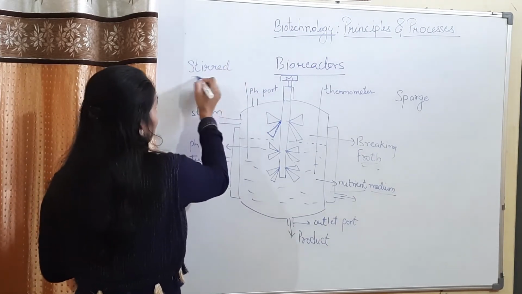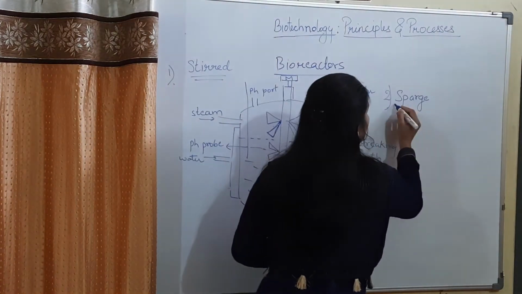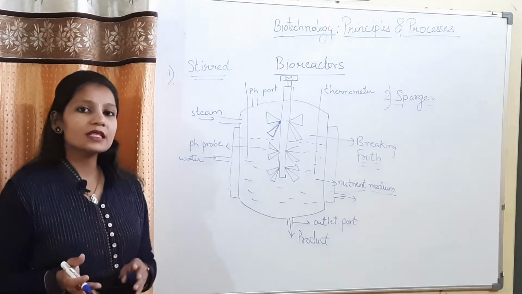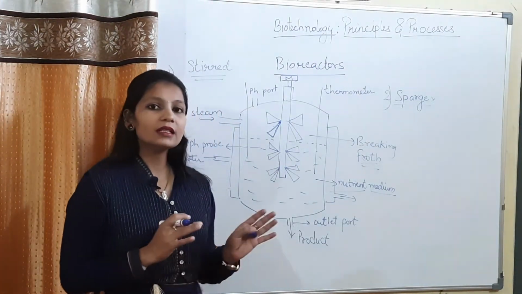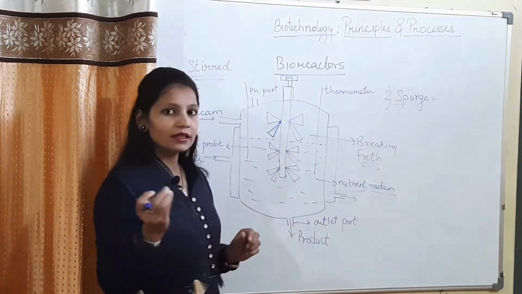Now we will discuss the other type of bioreactor, that is the sparger type. Sparge or sparger type of bioreactor. The basic principle in both types of bioreactor is the same, but the outline is a bit different.